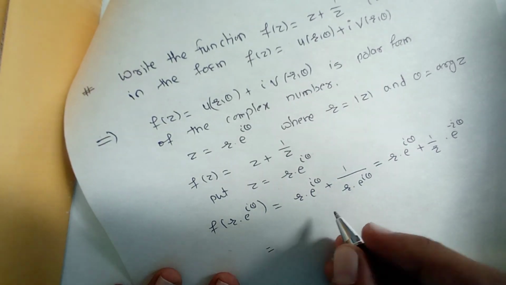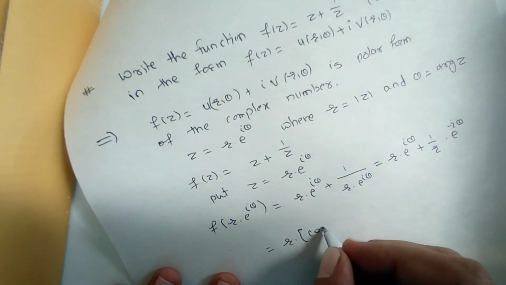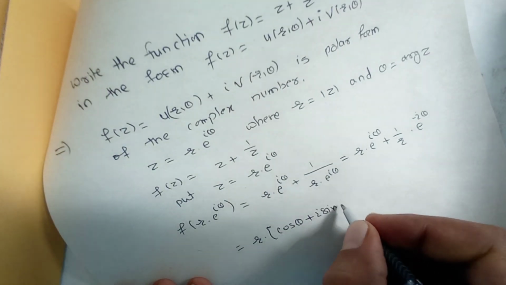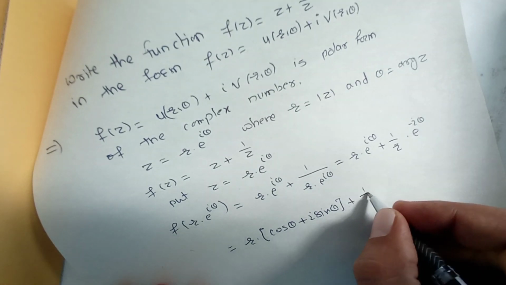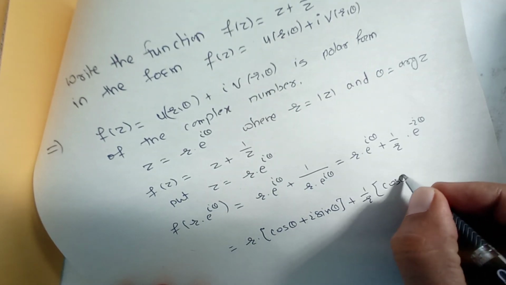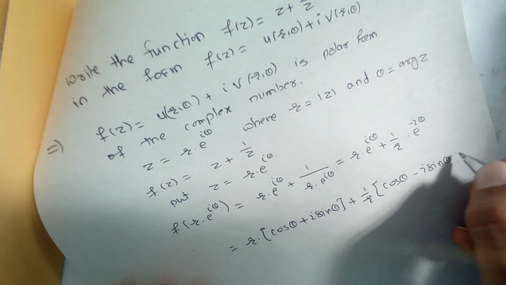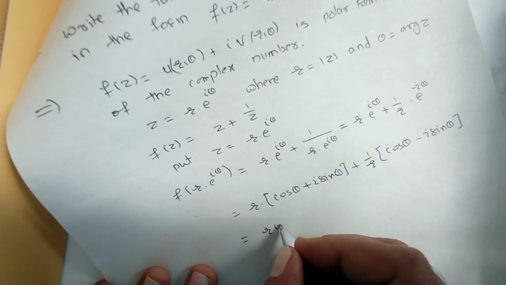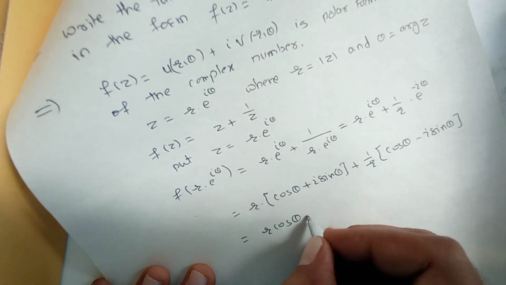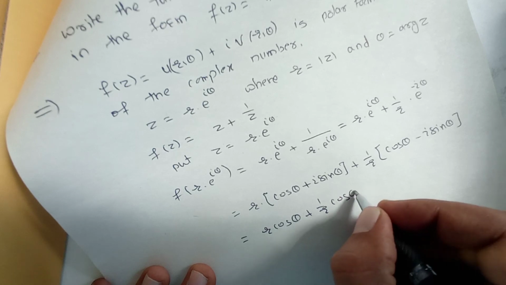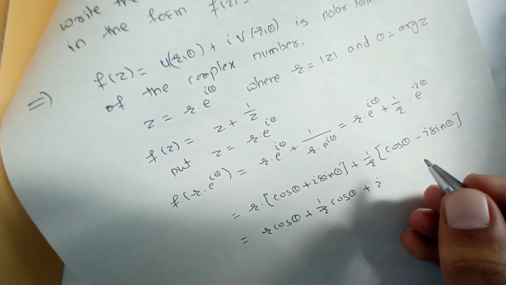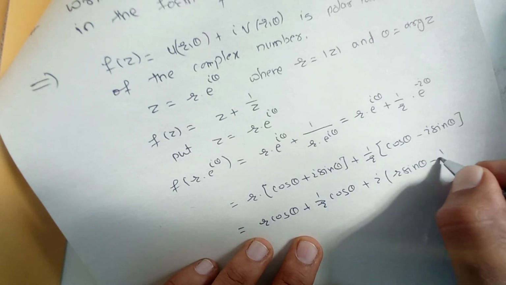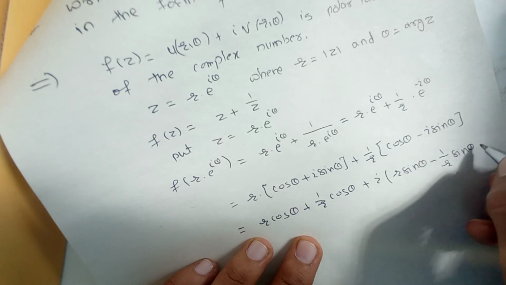So it can also be written as r into cos theta plus i sin theta plus 1 by r into cos theta minus i sin theta. So it is equal to r cos theta plus 1 by r cos theta plus, take i common, r sin theta minus 1 by r sin theta.